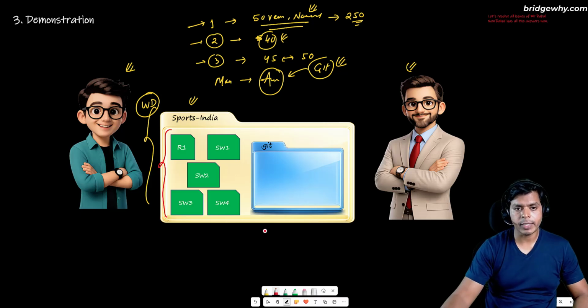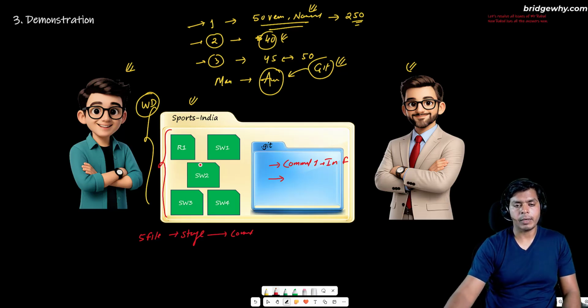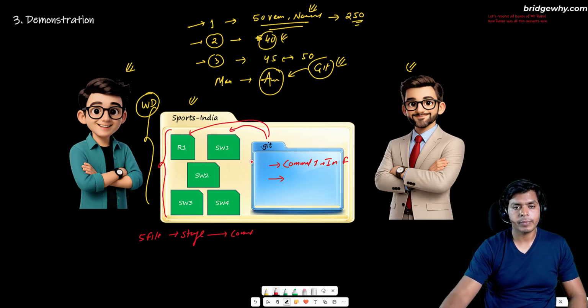To begin with, I will put all those 5 files onto the stage and then do a commit, so that I will have commit number one, which I will name "initialized files", suppose. Once I do this, Git will be tracking all the files, because Git knows all the files are there.